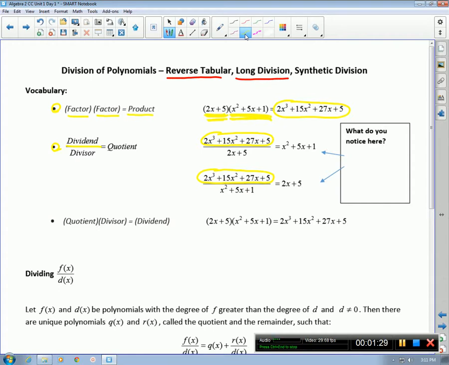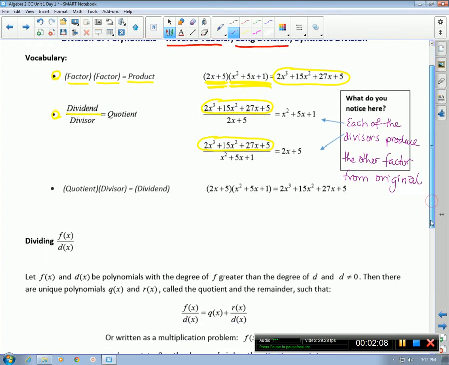So that's what I want you to notice here, is that each of the factors divide evenly into the polynomial and they produce the other factors. So each of the divisors produce the other factor from the original. Something like that. That's really what I wanted you to see.